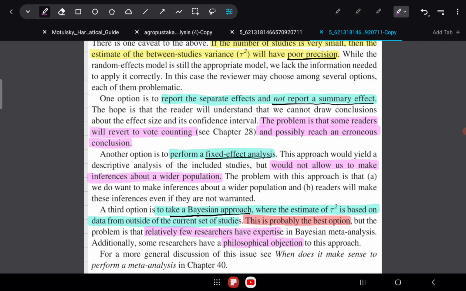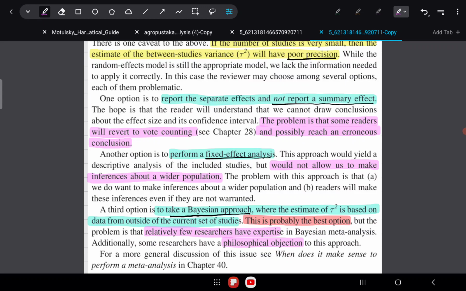But the problem with this approach will be that because there is no common summary effect, people may revert to vote counting, and it will almost be like doing a narrative review of sorts, because people may just count the number of studies which have a significant result. This may cause erroneous conclusions, right? It will be almost equivalent to doing a narrative review.